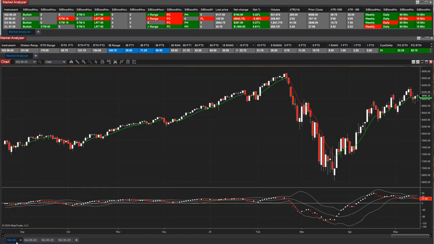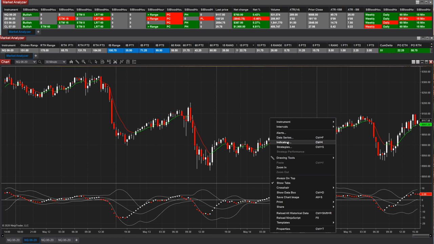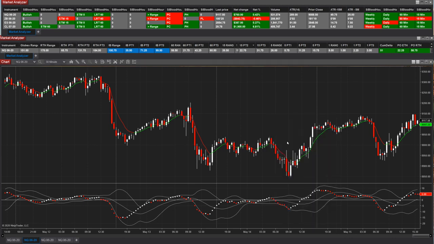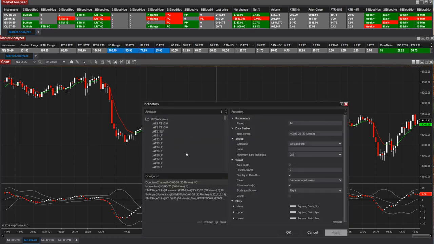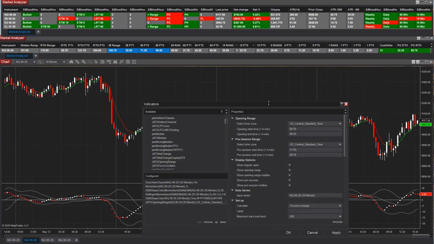Let's put some of the indicators on the chart real quick. So here is a 30-minute chart with just the weekly, daily 60-15, the trend filter that we want to be trading on that side of. So when we add the opening range indicator, I put two instances of it on there.